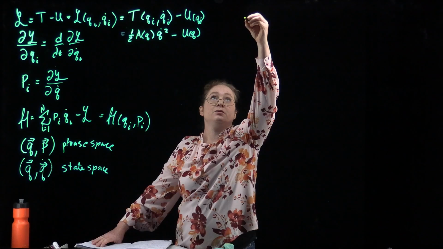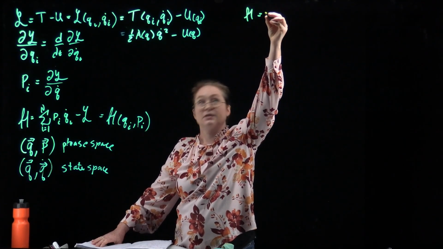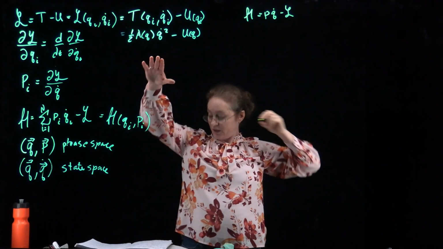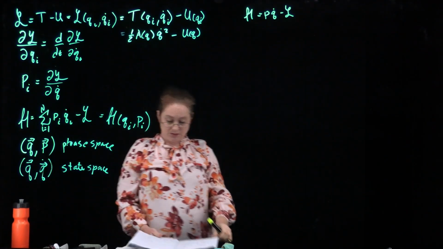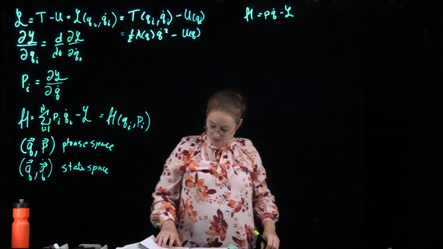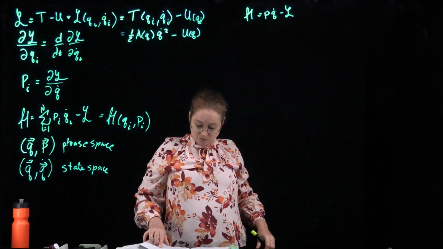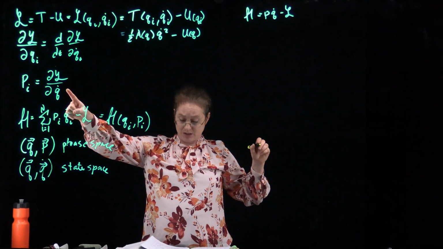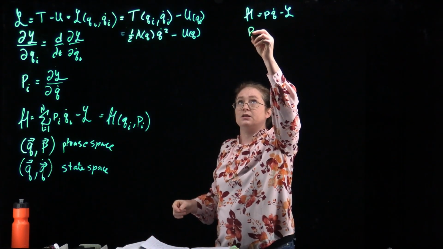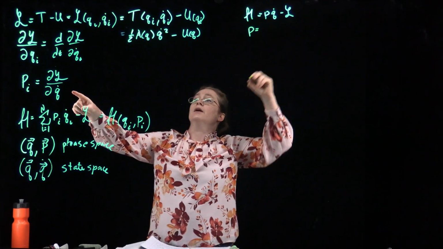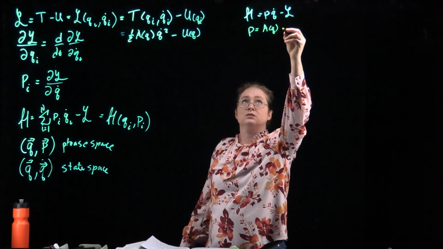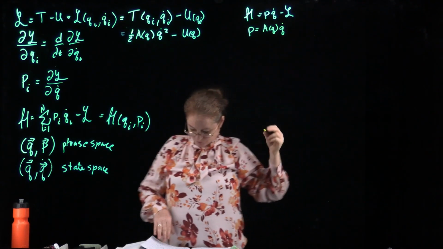In one dimension, our Hamiltonian is then p q dot minus L. If we write our Lagrangian like this, we will have some simplifications. So we can take this definition here, and we will see that p is A of q times q dot.